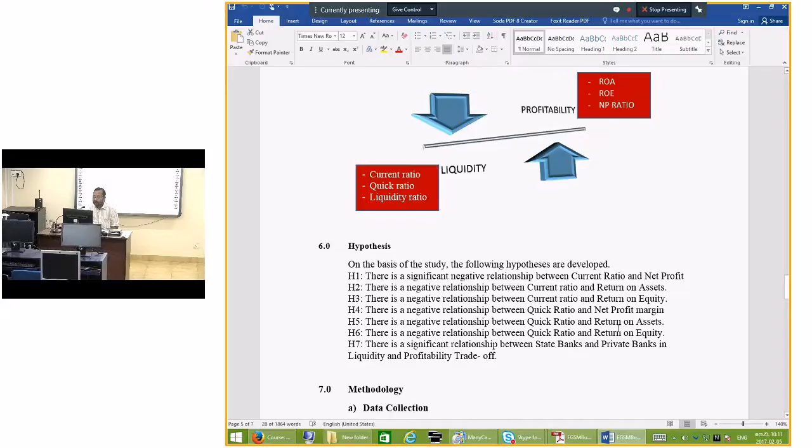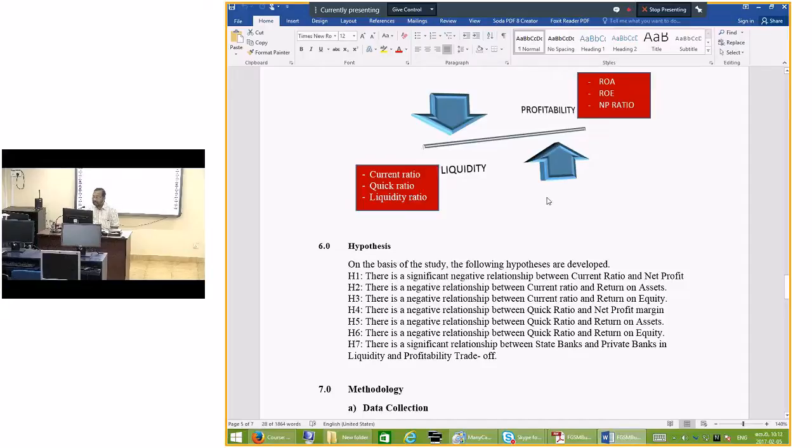The quick ratio and asset. Quick ratio and return on equity. There is a significant relation between state bank and private bank liquidity and profitability rate. Net profit margin, return on asset, return on equity. Current ratio, quick ratio. Current ratio and return on asset.